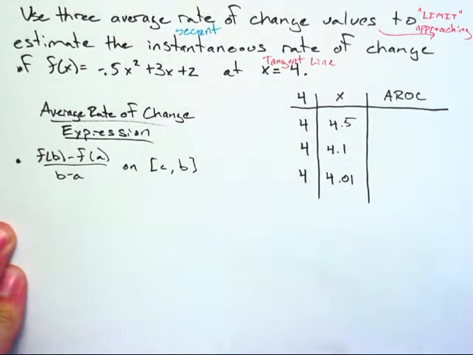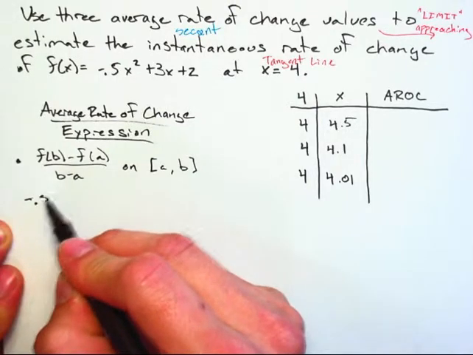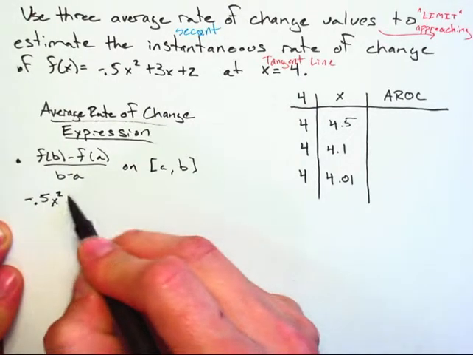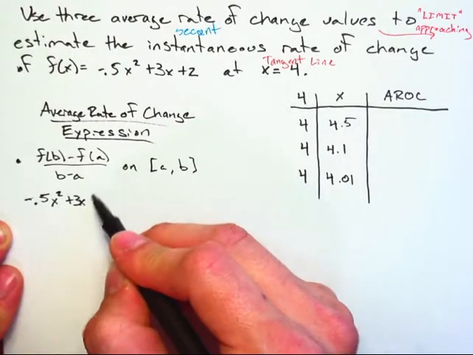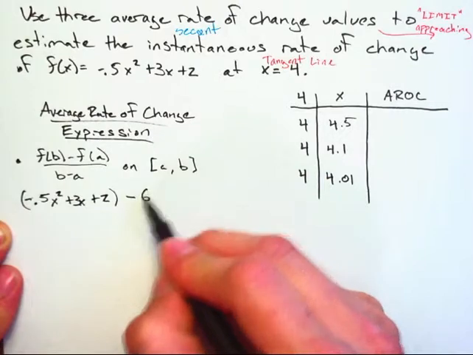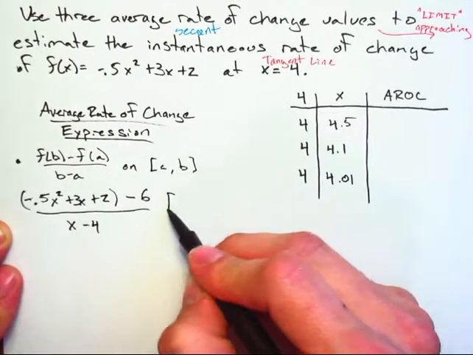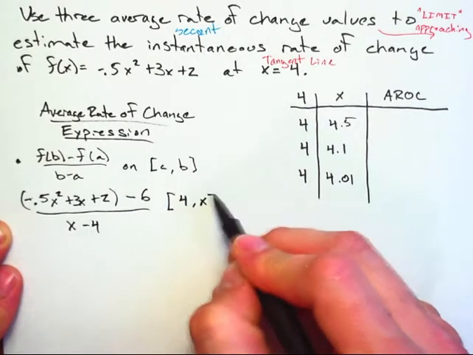So for our particular example, this is going to be negative 0.5x squared plus 3x plus 2 minus 6, and that's all going to be over x minus 4, because that's on the interval 4 to x. Again, that was in that previous video.